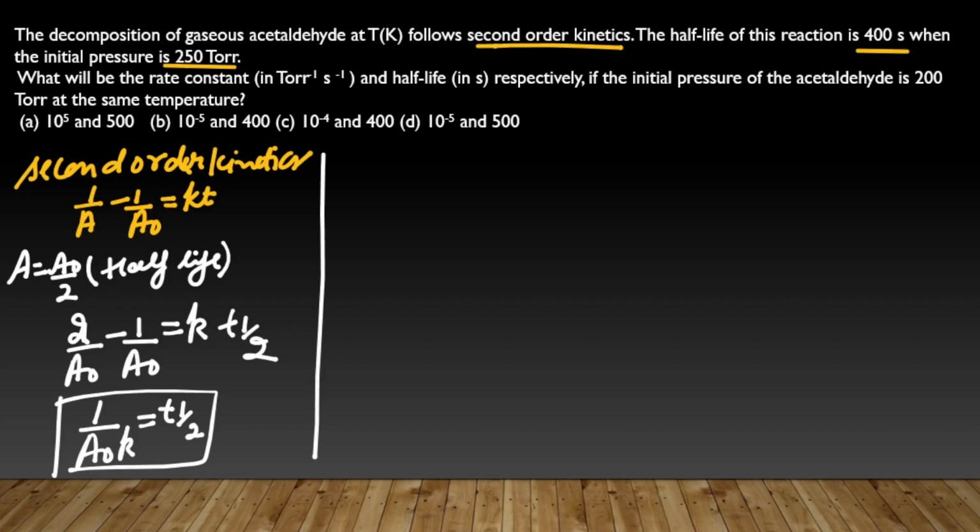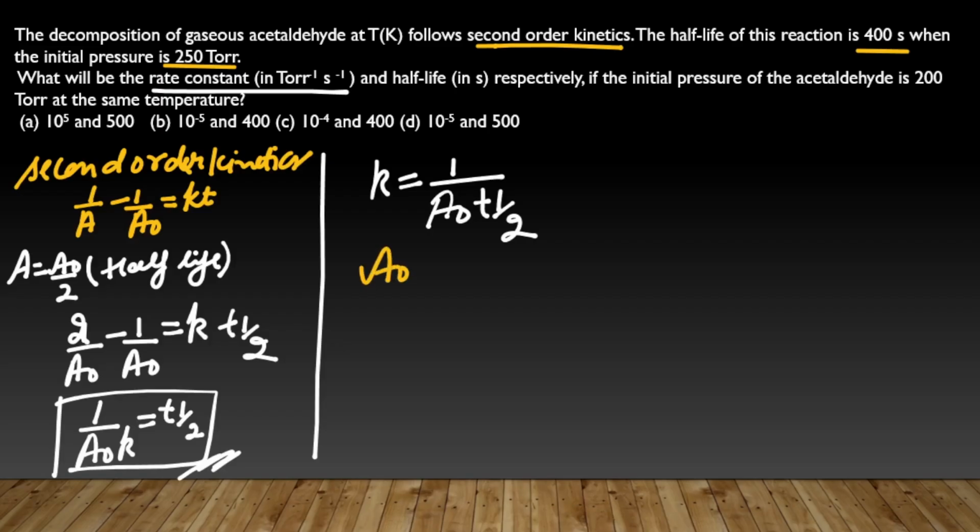Now here the half-life for this reaction is given and the initial pressure is also given. They are asking what will be the rate constant in these units. The rate constant K we can write as 1 by A naught into T half, just by rearranging this expression. A naught is 250 torr and the half-life is 400 seconds.